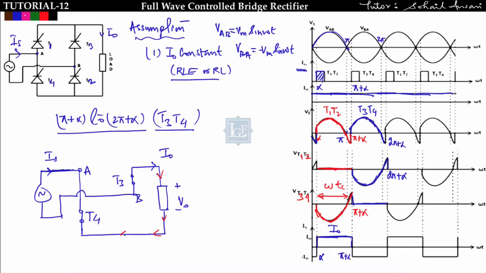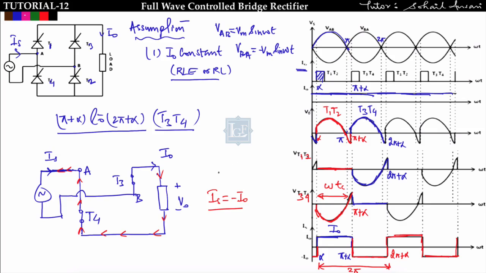You can see that the source current is opposite to the load current, so in this case Is will be minus I naught. So from pi plus alpha to 2 pi plus alpha, the source current I get is minus I naught, which looks like this. Is it fine? So in this way we can make the output voltage waveform, the voltage drop across the thyristor and the source current.